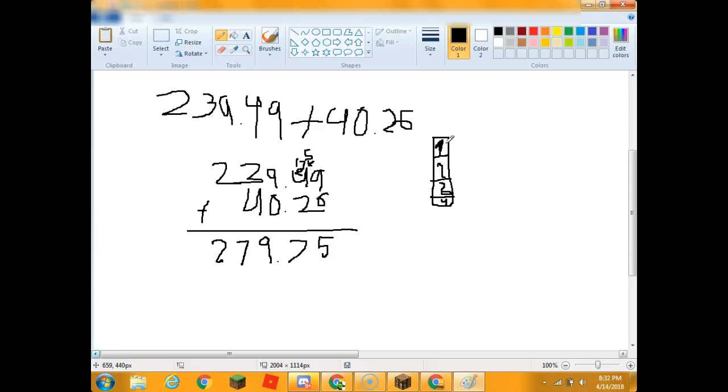So we have these tens, and now we have the hundredths, which I'm just gonna put randomly, not actually gonna put a 10 by 10 square. As long as you know that this is representing the hundredths, then you're okay. So 1, 2, 3, 4, 5, 6, 7, 8, and 9.